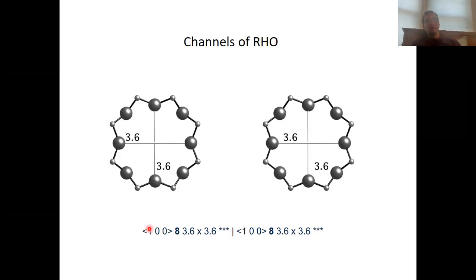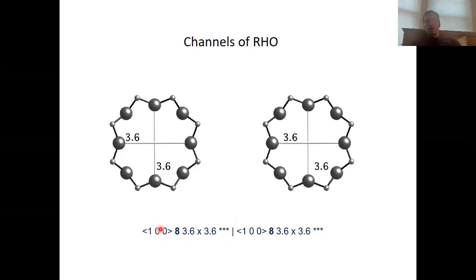So we have channels also along 010 and 001. All right, so this channel has 8 tetrahedral members and has dimensions of 3.6 times 3.6 angstroms. So this is a three-dimensional channel system because it runs in these 3 dimensions.